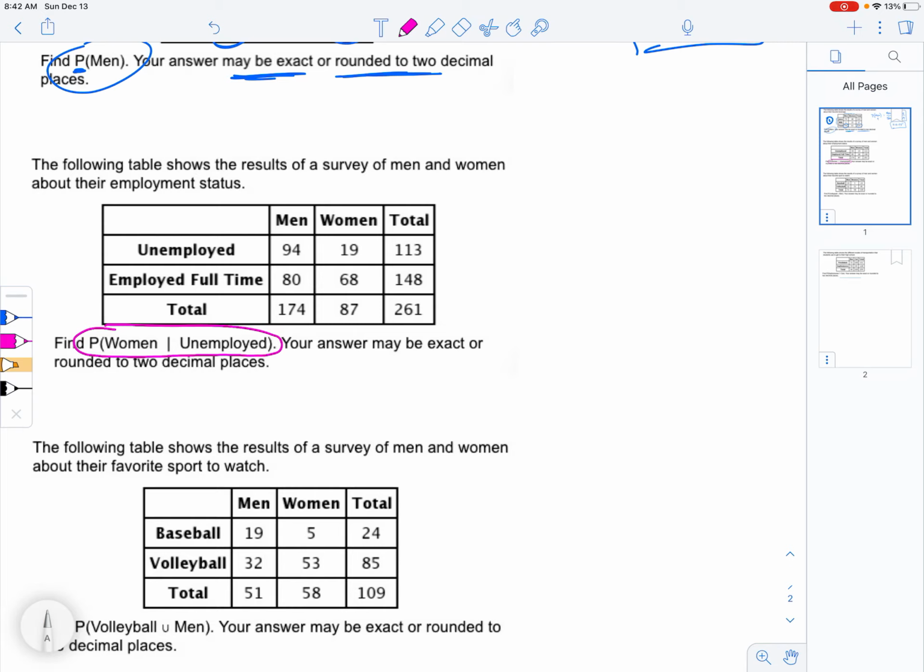This one says, what's the probability that, and I'm going to abbreviate here, that you choose a woman from the unemployed group of people? So the only group that we're going to be looking at are the unemployed.